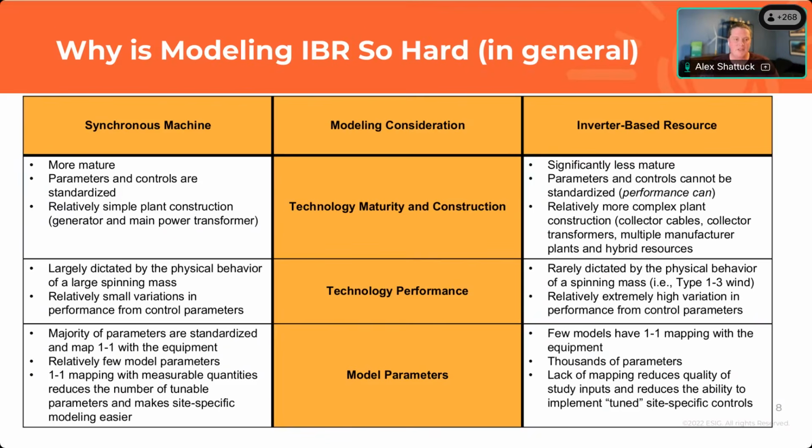Technology performance is largely dictated by physical mass, with small variations in performance between different control parameters, whereas for IBRs there are much larger variations in performance, and it's rarely dictated by spinning mass, except for a couple of winds, and much more software-based, software-affected, and subject to software development speed as far as changing how those parameters work in codes and bug fixes and things like that.